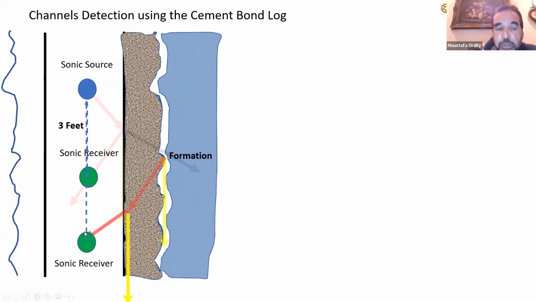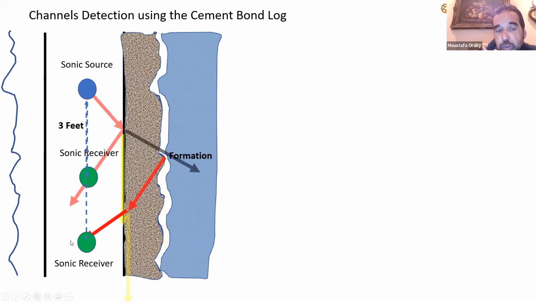So what we found is you put another sonic receiver. This tool, which is called the CBL tool, has a sonic source and two receivers. One of them at 3 feet will actually count things coming between the cement and the casing. So this is the first arrival. The second one will come between the cement and the formation.